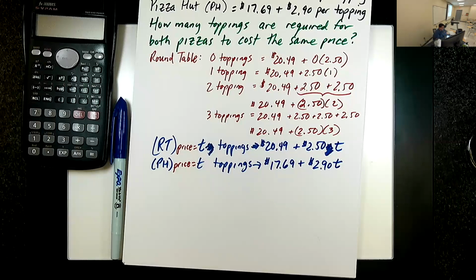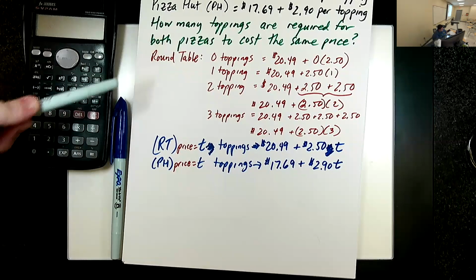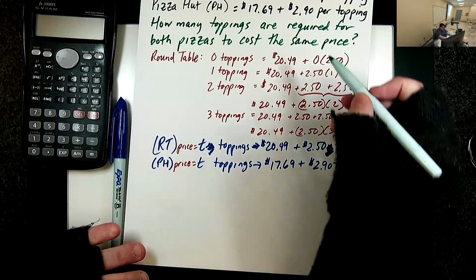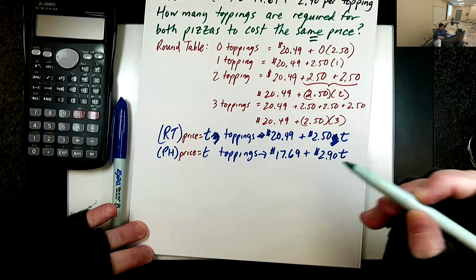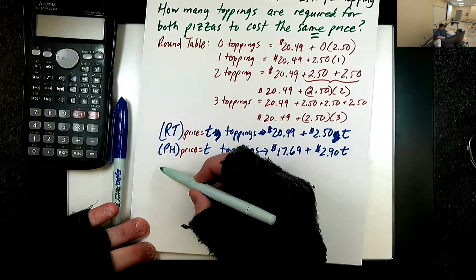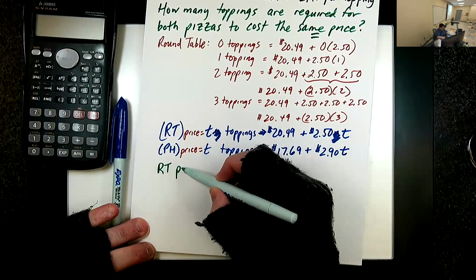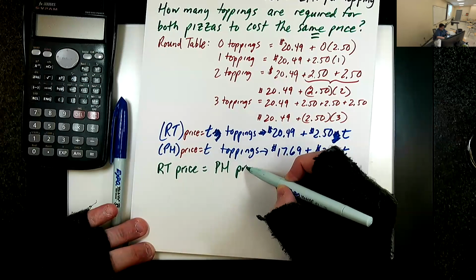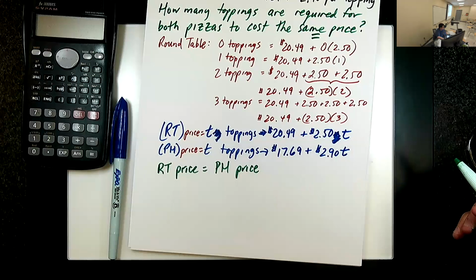If I ask when the pizzas have the same price, what does same price mean in math? It means they're equal, right? The same means the equal right there. So that part says the Round Table price equals the Pizza Hut price. That make sense to everybody?